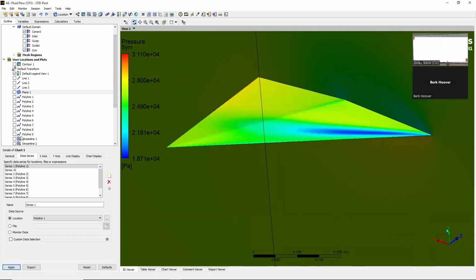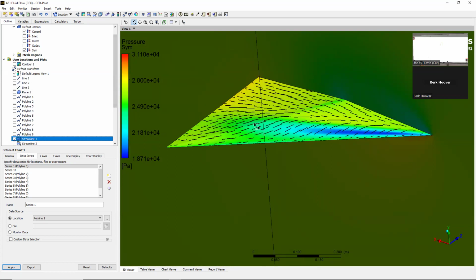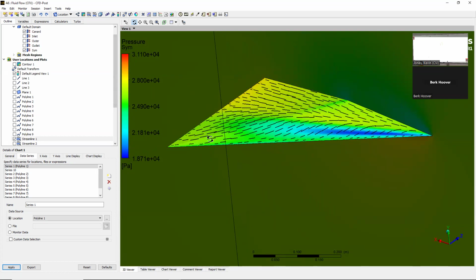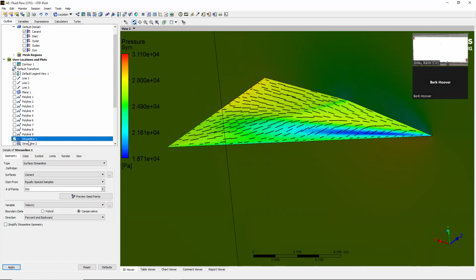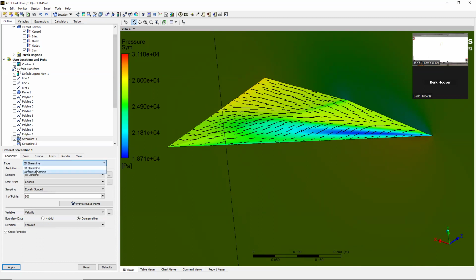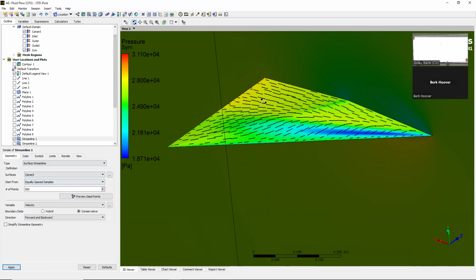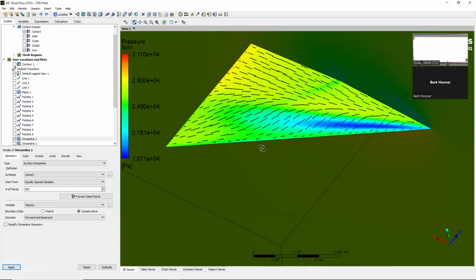But you can also do streamlines that are stuck on the surface. Has anyone played with those at all? Call it a surface streamline as opposed to a 3D streamline. You can actually use the surface as the seed point for it. It's on the canard, and you tell it how many points you want, and then you can dictate how long they are.